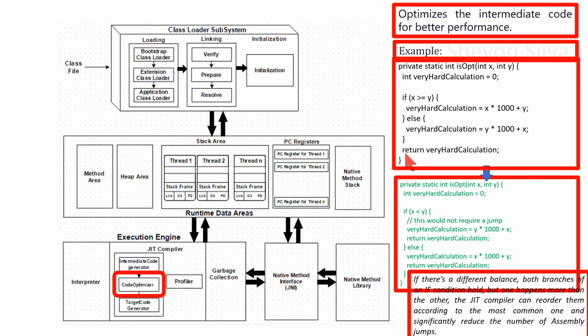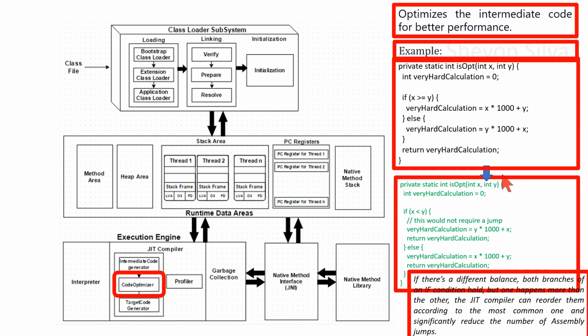If you have a code like this, and if there's a difference in balance, where both branches of the if condition hold, but one happens more than the other, the JIT compiler can reorder them according to the most common one and significantly reduce the number of assembly jumps.